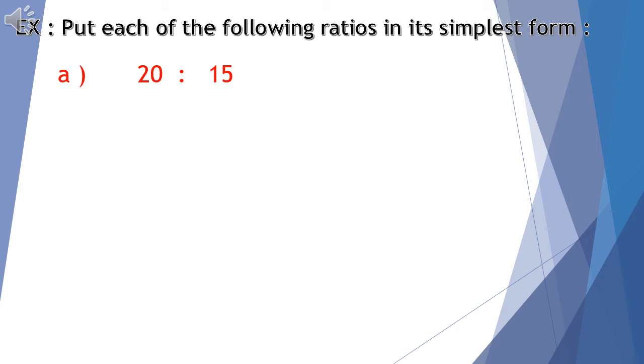Of 20 and 15, we can divide by 5. 20 divided by 5 equals 4. And 15 divided by 5 equals 3.